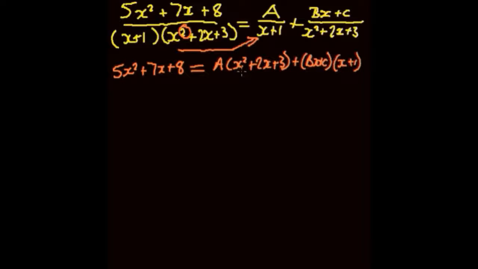If you have a quick look at that, you will see that when we multiplied across, this x plus 1 cancelled that x plus 1, leaving me with x squared plus 2x plus 3. And on this side the bx plus c cancelled out the x squared plus 2x plus 3, leaving me with just the x plus 1.